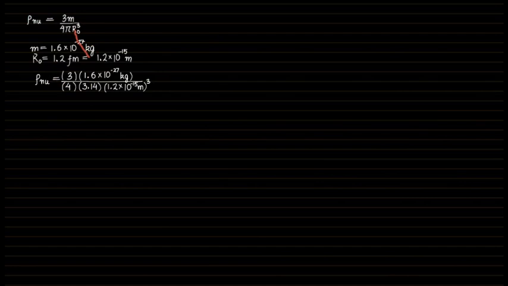And r naught is a constant whose value is 1.2 times 10 to the power minus 15 meter, and there is a power of 3. If you calculate this value, you will get the nuclear density. You will get 2.3 times 10 to the power 17 kg per meter cube. So your nuclear density is constant for all the elements and its value is 2.3 times 10 to the power 17 kg per meter cube.